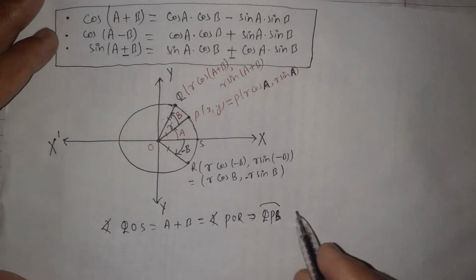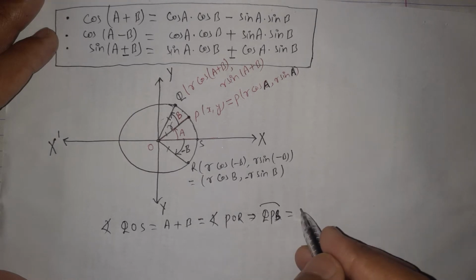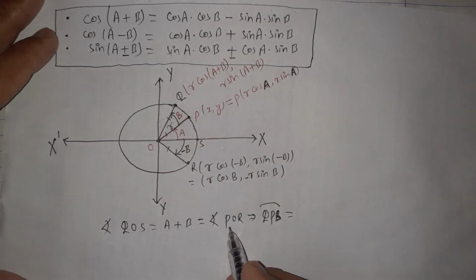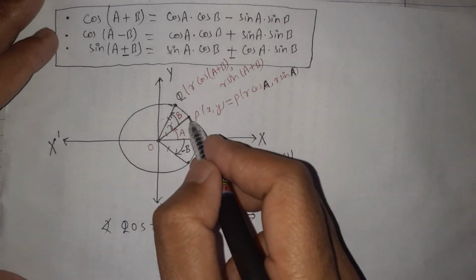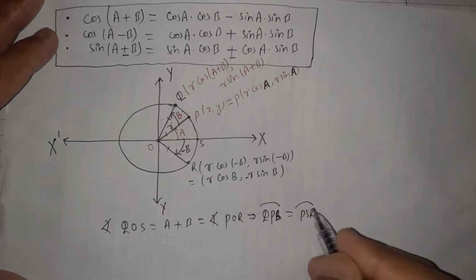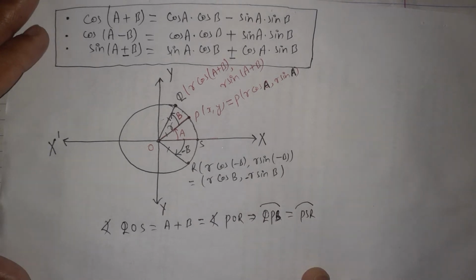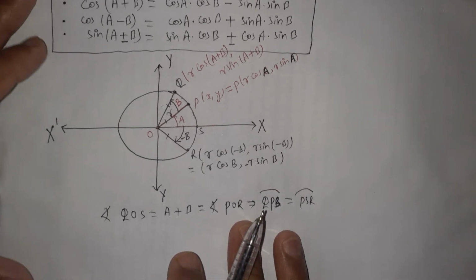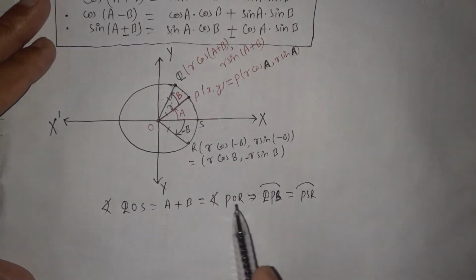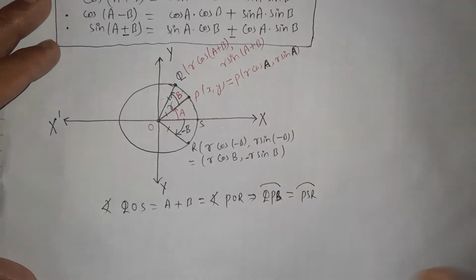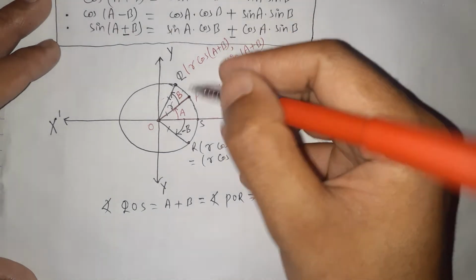This is equal to the arc corresponding to the angle POR, and the arc is PSR. They are equal. We have the theorem on the central angle of the circle: if the central angles are equal, then the corresponding arcs will be the same. So the corresponding chords will be the same.